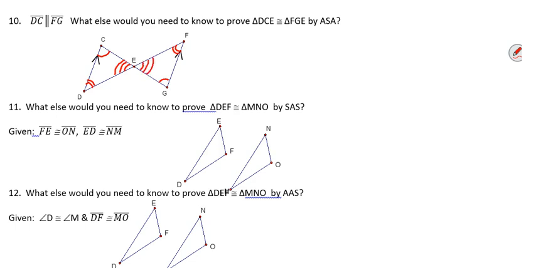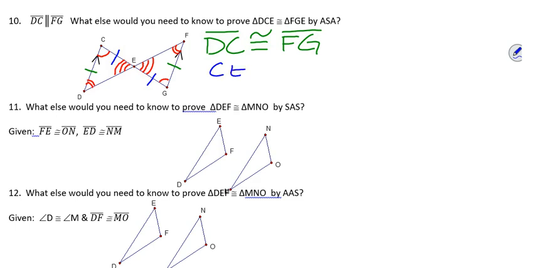Now, because of that, that means that we could have said any pair of sides were congruent. So we could say that DC is congruent with FG. Or we could have said that CE, going from 1 to 3, is congruent to GE.